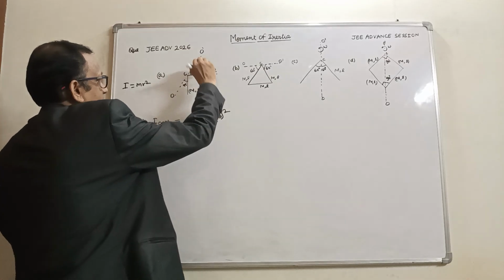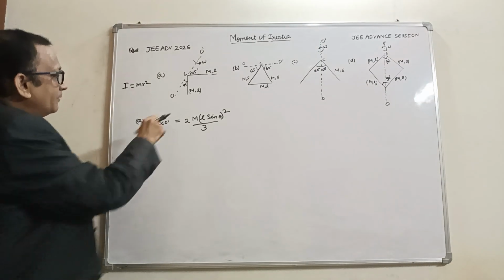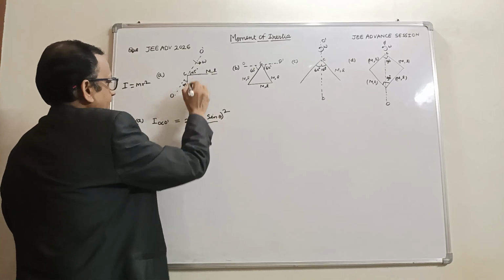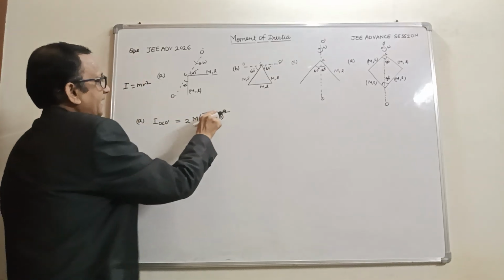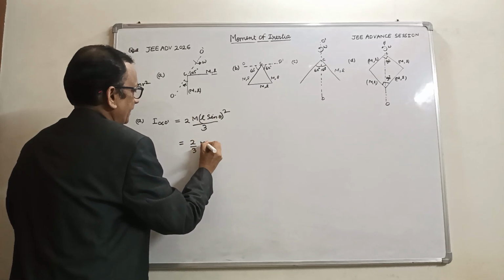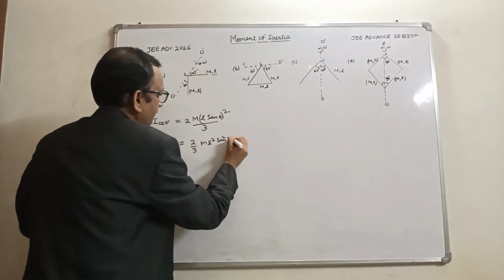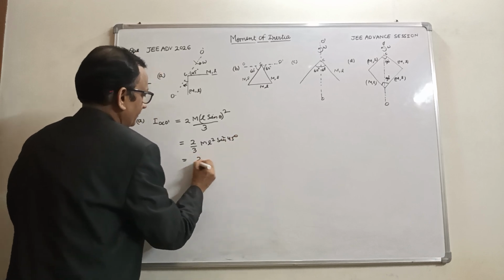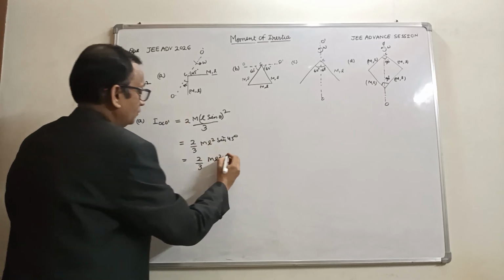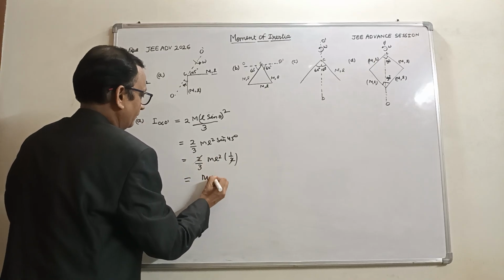So this distance, we take the perpendicular distance, so perpendicular distance would be L sin theta. So moment of inertia would be 2 by 3 m L square sin square theta, and theta is 45 degree. So putting the value here, this becomes 2 by 3 ml square, and sin 45 is 1 by root 2, so sin square is 1 by 2. So moment of inertia becomes ml square by 3.